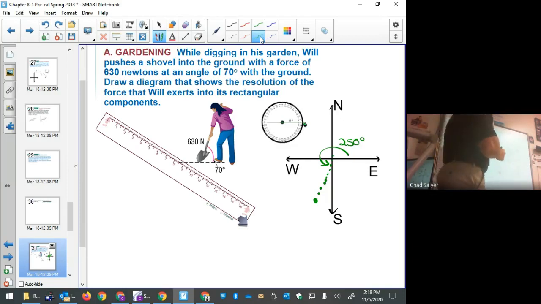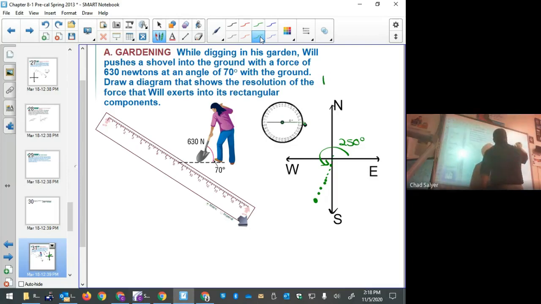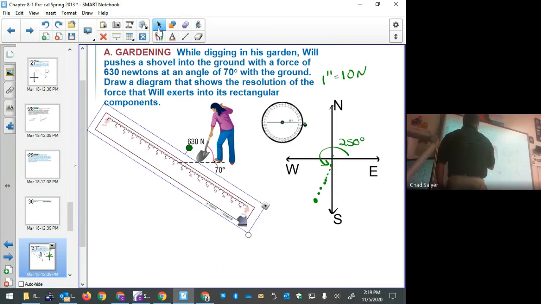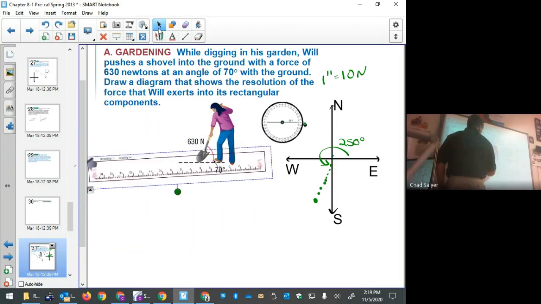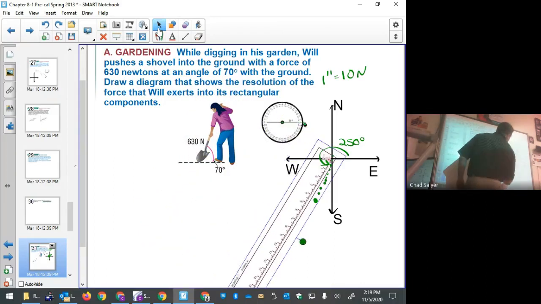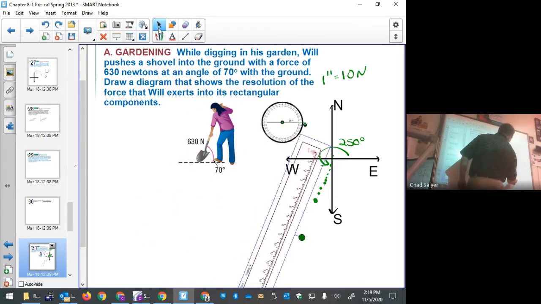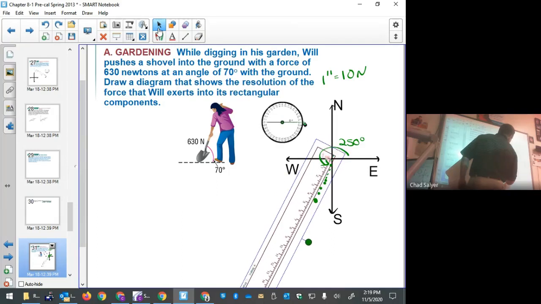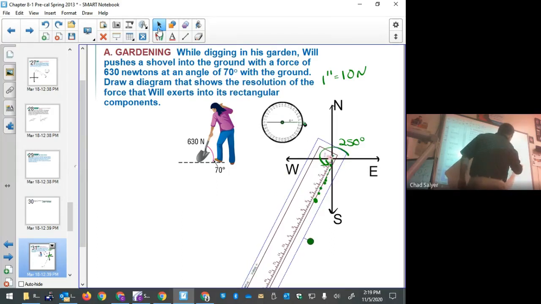And 630 newtons, we just need to pick some kind of scale. I can say 1 inch equals 10 newtons of force. Pretty close there. 1, 2, 3, 4, 5, 6, and then a third.